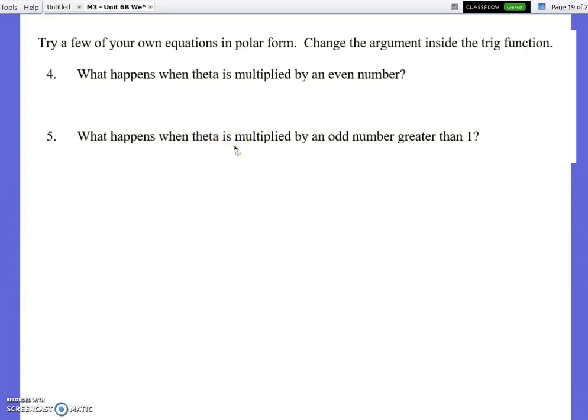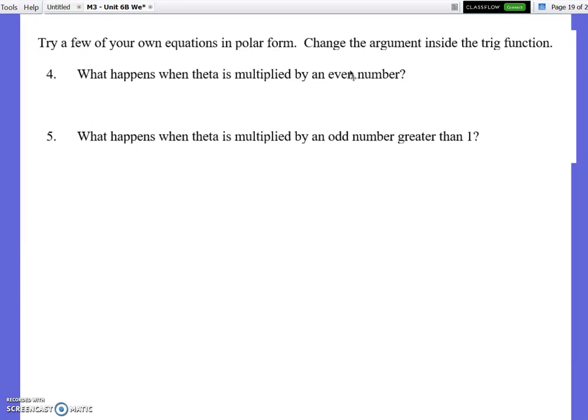And then play with what happens with addition, etc. What I want you to come away knowing is how the graphs change with even numbers versus odd numbers, and changing r, the radius in front, the multiplier, the amplitude, basically, what happens then.